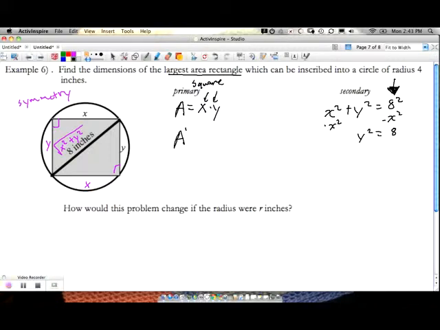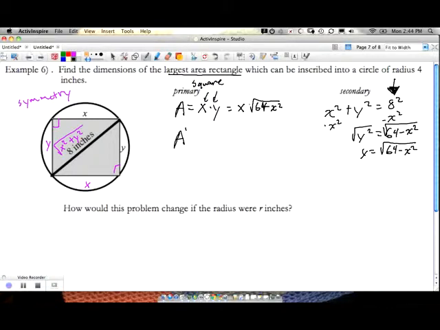So y squared equals 8 squared, or 64, minus x squared. And we have to square root both sides. So y equals the square root of 64 minus x squared. So this here is really x times the square root of 64 minus x squared. I'm going to show you guys a little bit of an algebra trick.